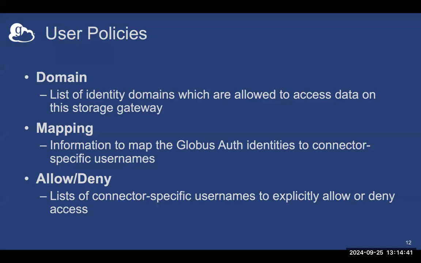For something like Box or Google Drive, it might convert it into some account name used in that particular storage gateway. It depends on the connector what the shape of the username is and how those are mapped from domains.